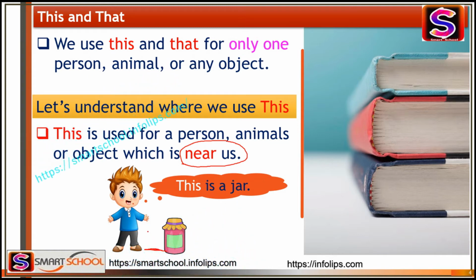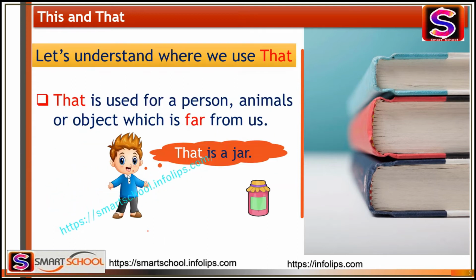Now understand where we use that word. That is used for a person, animals, or objects which are far from us. If we consider this example, this boy and this jar have more distance. It means this jar is far from the boy.